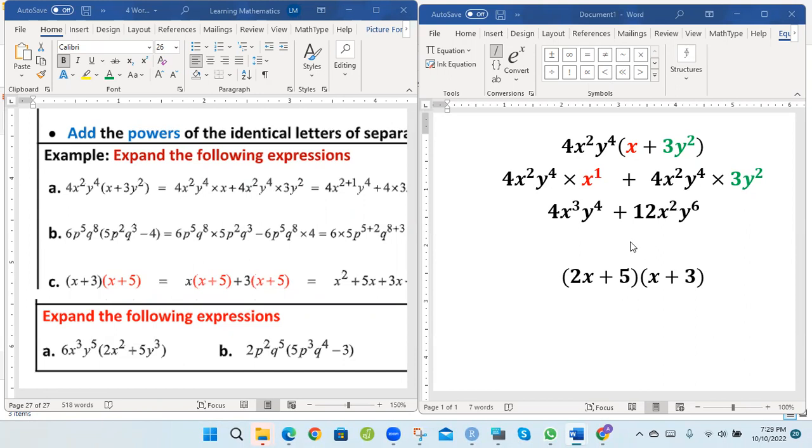Okay, so 2x plus 5 is like our 4x squared y to the 4. So the same way we grab the 4x squared y to the 4, you grab the 2x plus 5.